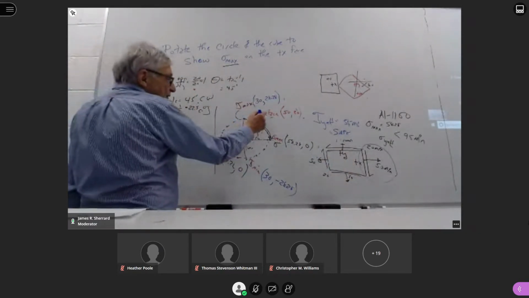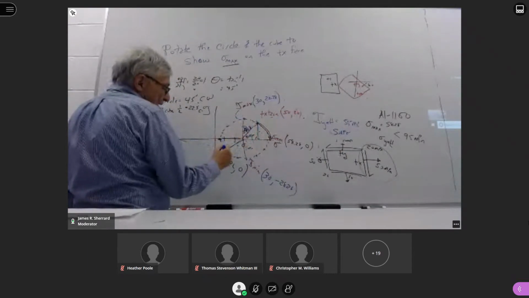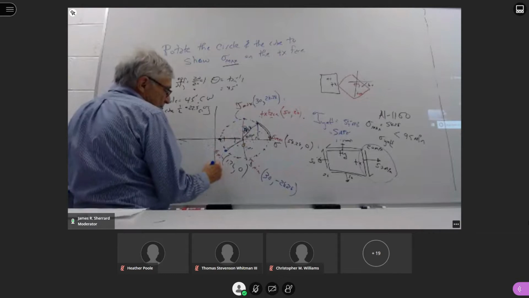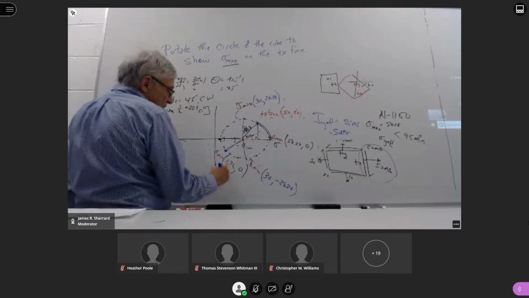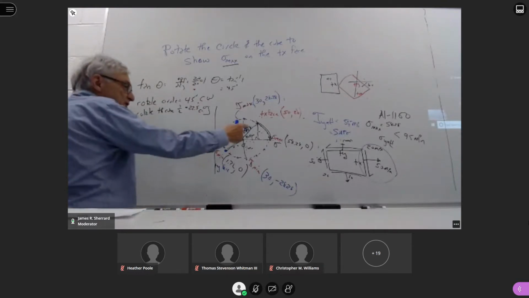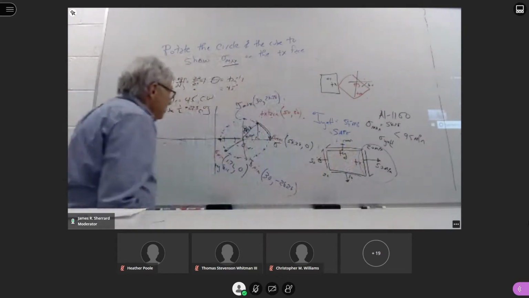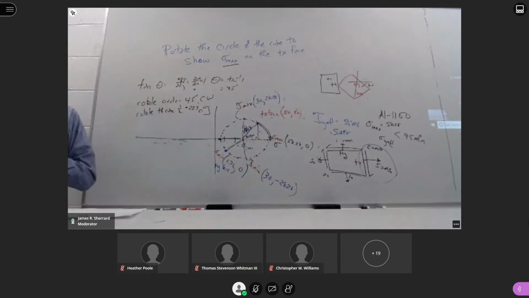If this is the plus x face and I rotate down here, this is the plus y face. Because this is 180 degrees, this is 90 degrees. We have to keep that 2 to 1 ratio.